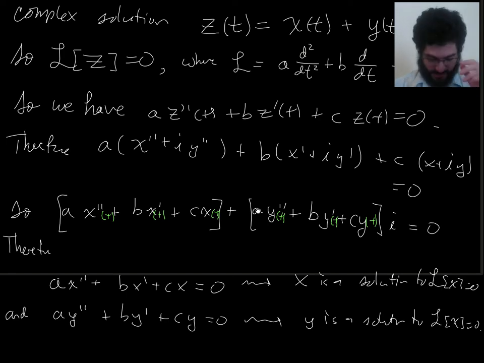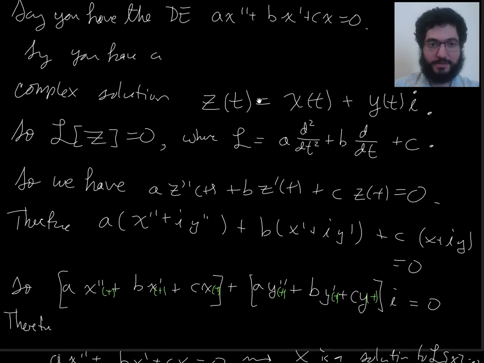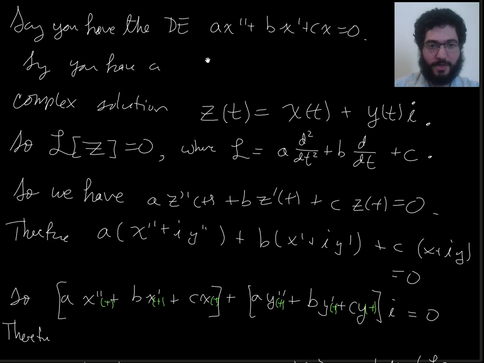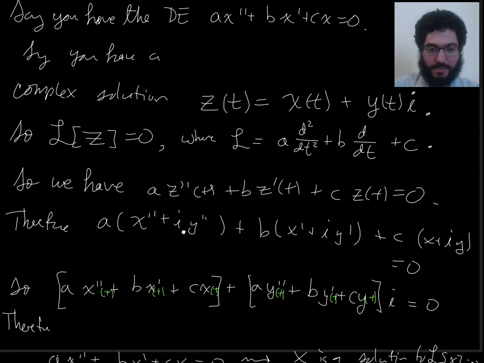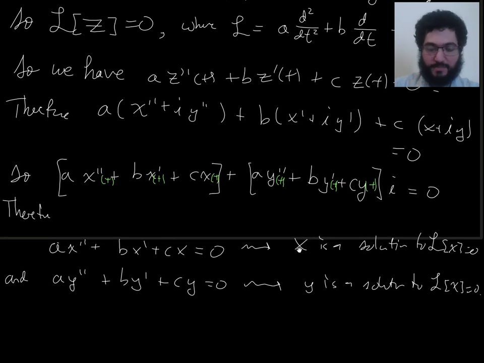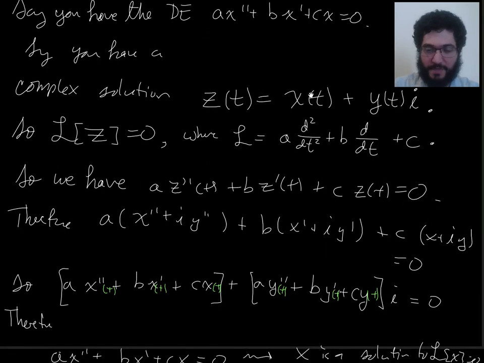So one interesting thing to look at here, before I go off of this screen, think about what was needed to get this to work. Basically, what made this work, this idea that the real and imaginary parts of a complex solution, that picking off the x and the y, are themselves solutions.